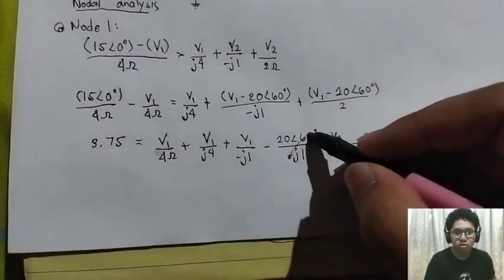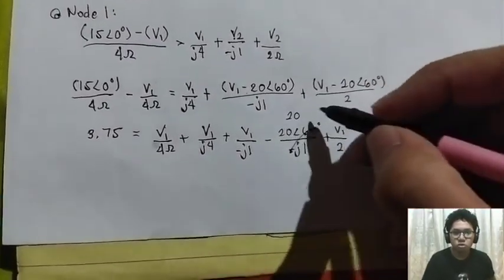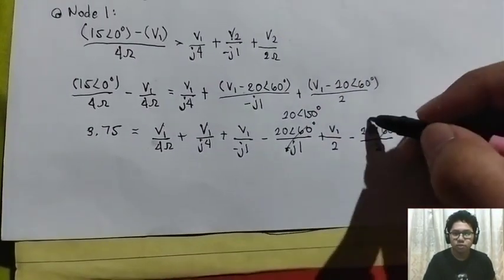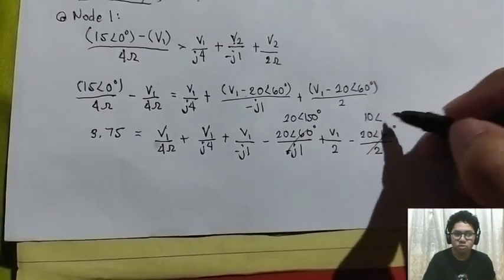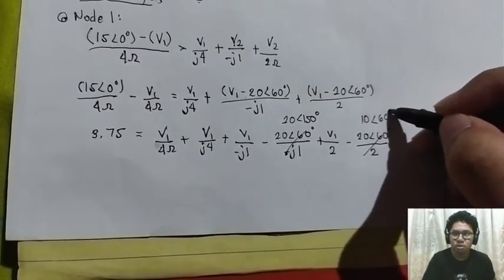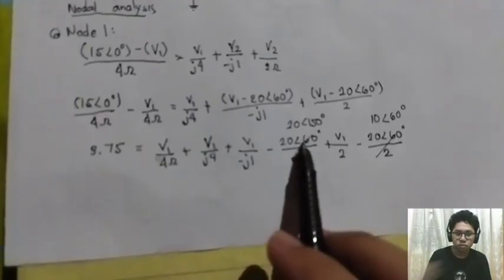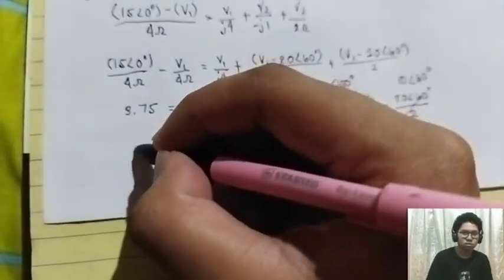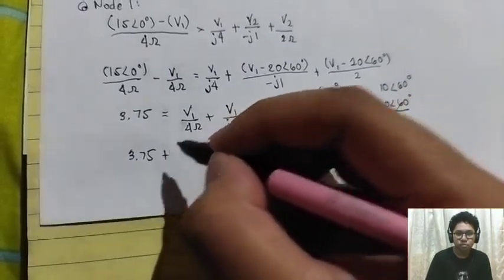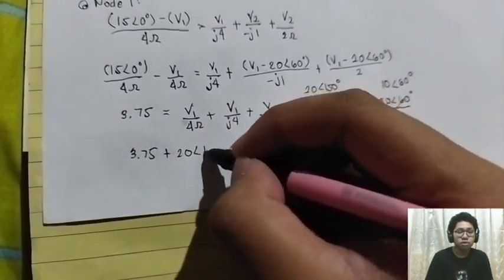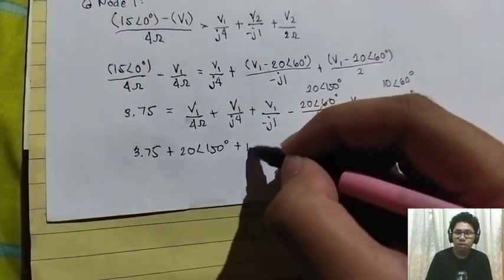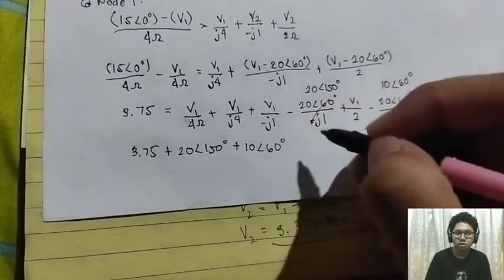So this is equal to 20 angle of 150 degrees, and this one is equal to 10 angle of 60 degrees. Now let's transpose the constant on the other side. So that is 3.75 plus 20 angle of 150 degrees plus 10 angle of 60 degrees.